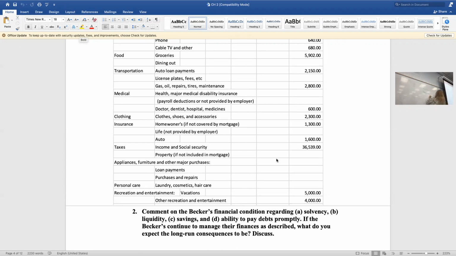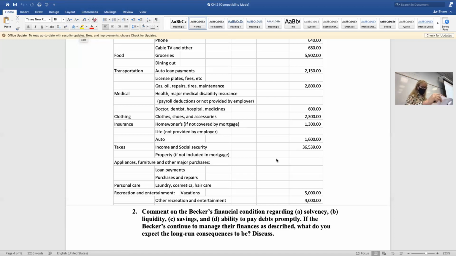So the difference is called the cash surplus in financial planning. So their cash surplus is $31,261. Okay, so any questions on the income statement?